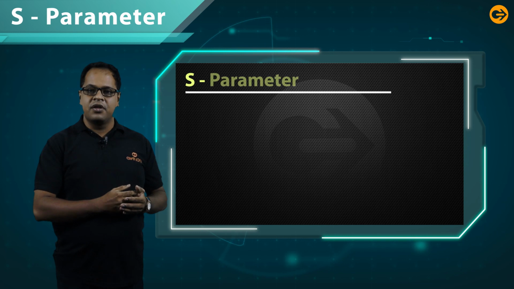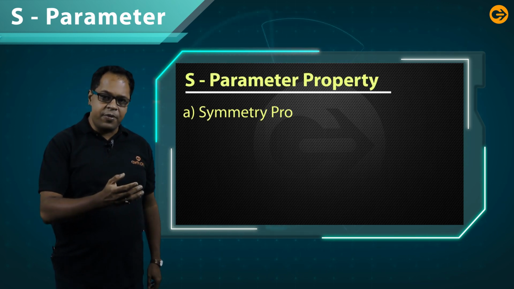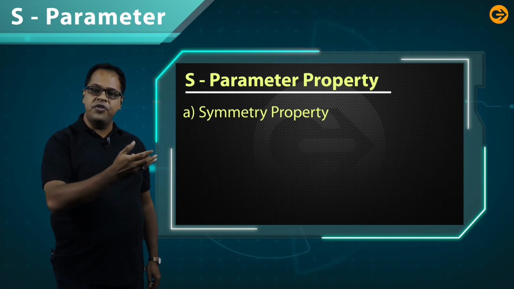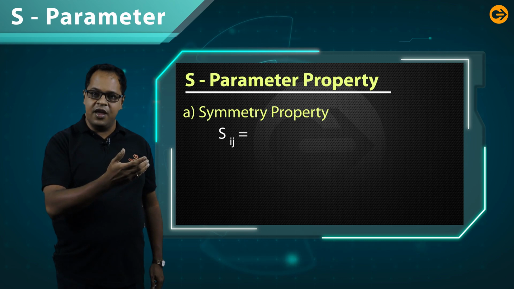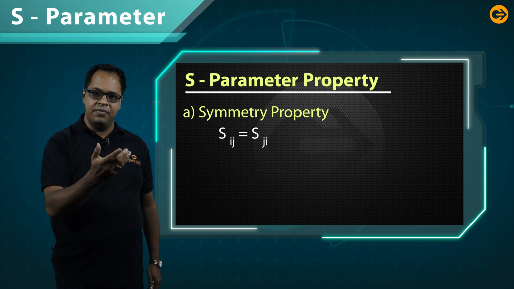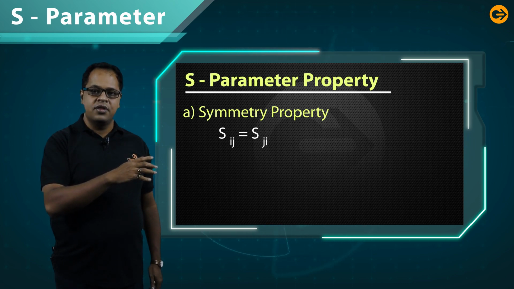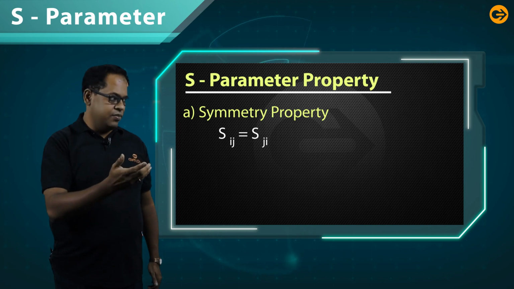Now let us discuss the properties of the S parameter. The first property is known as the symmetry property. When capital S suffix ji is equal to capital S suffix ij, or the reverse is also true, that means Sij is equal to Sji.